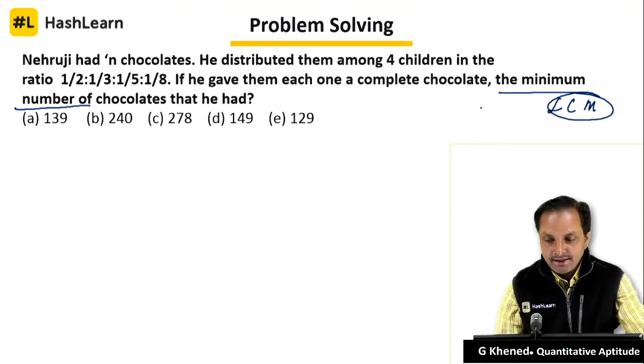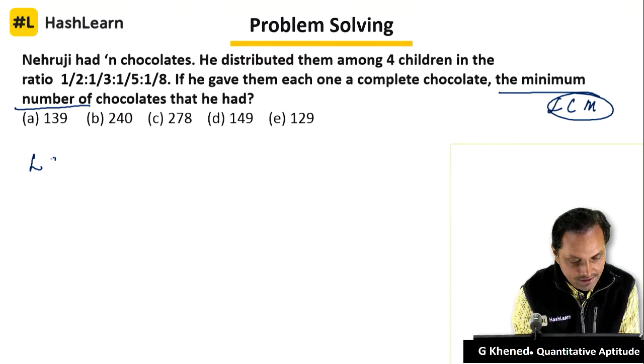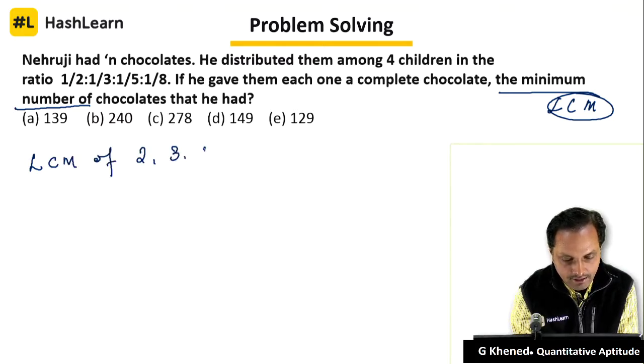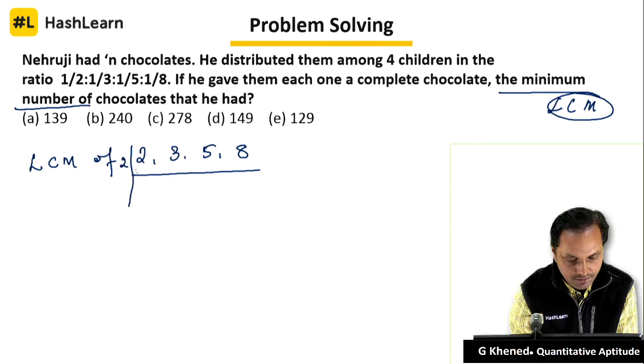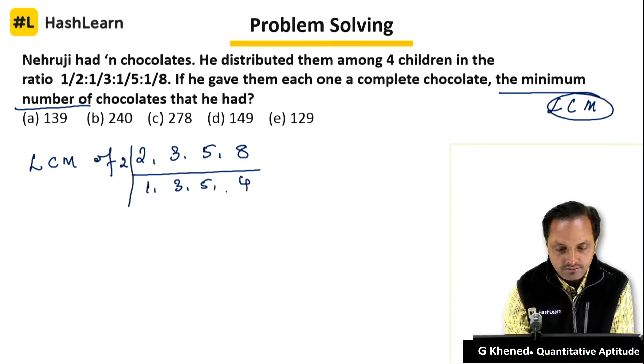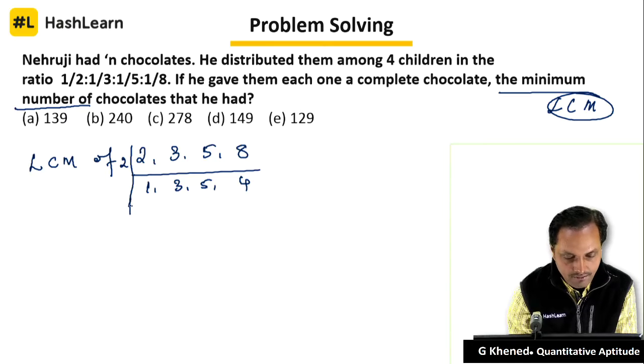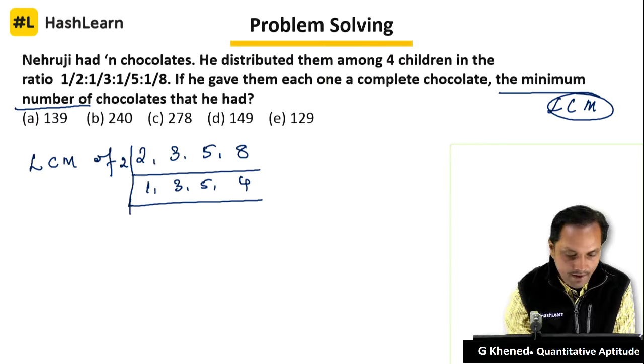So how to get the minimum number for this? LCM of the numbers 2, 3, 5 and 8. So let us check quickly. This is going into 4, in 3, in 5.